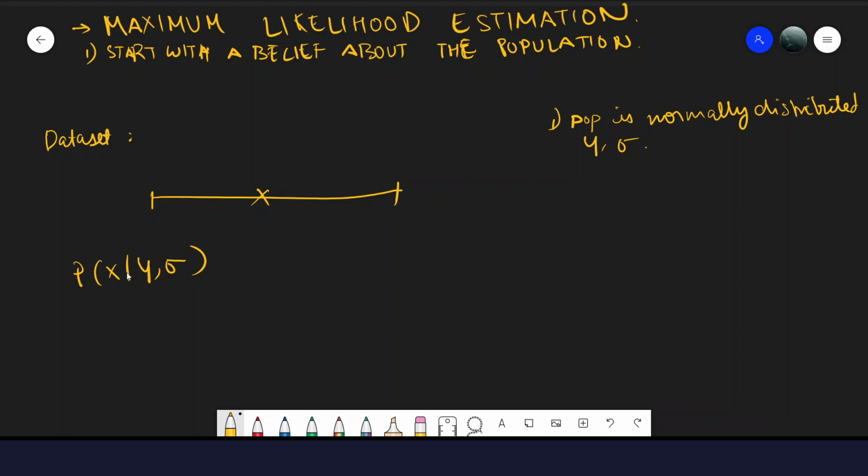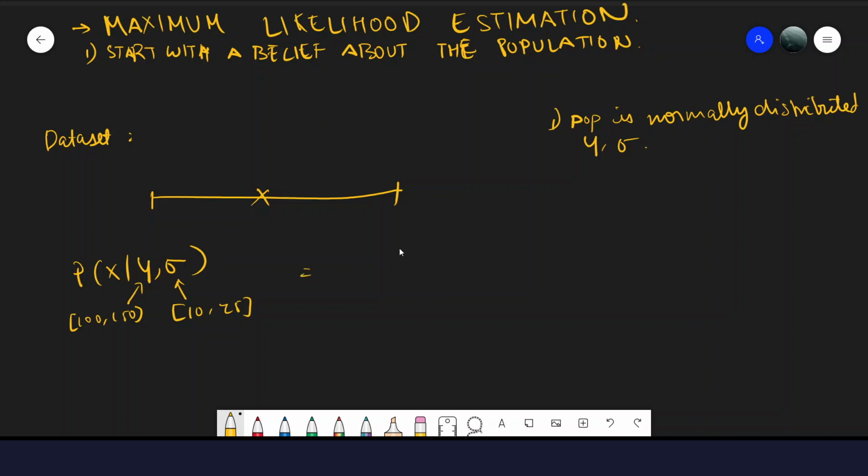So one way of doing this is, I take a range of values for mu, let's say from 100 to 150, and for sigma, anything from 10 to 25. I take a range of values and put it in the formula.